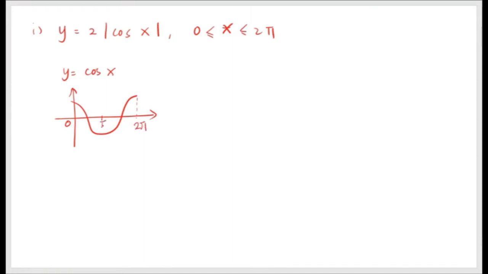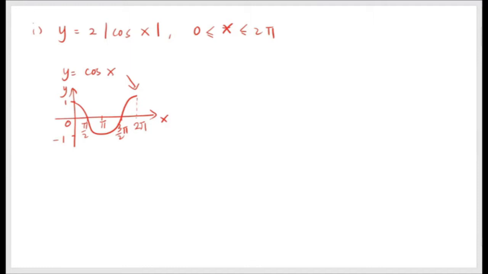In between, here is pi, here is pi over 2, here is 3 over 2 pi. The lettering must be correct. Then this is y, so this is your y equal to cos x. The amplitude here is 1. Maximum is 1, minimum is negative 1. No, because here is 2, right?